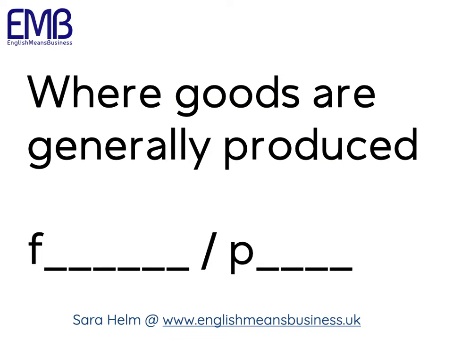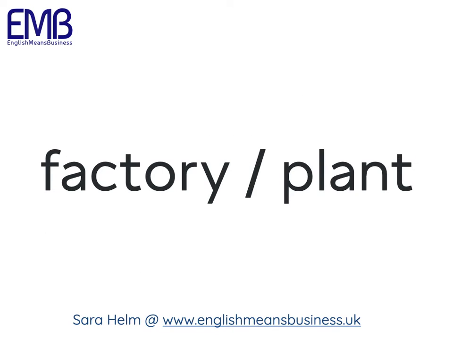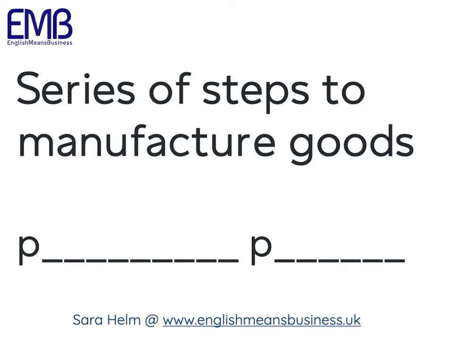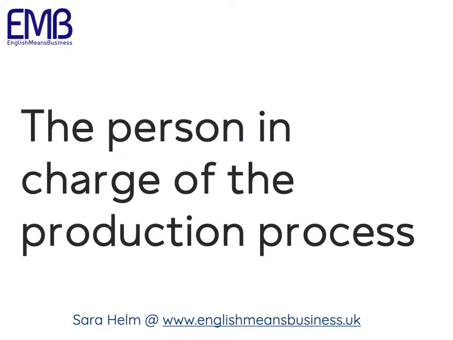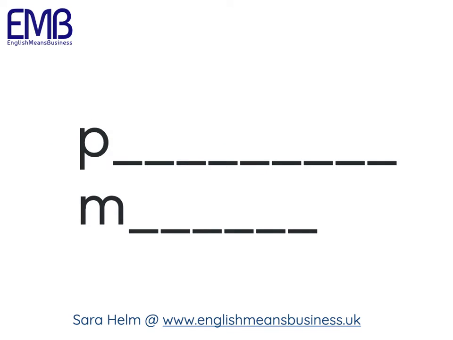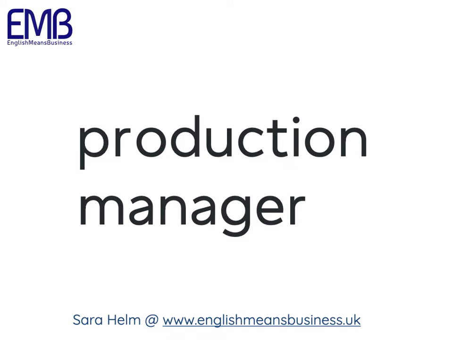Goods are generally produced in a factory or a plant. The series of steps to manufacture goods is the production process. The person in charge of the production process is the production manager.